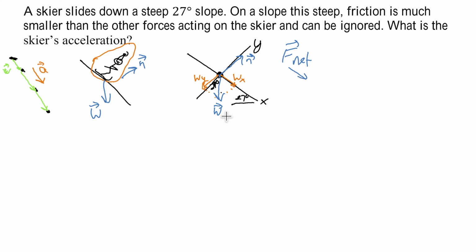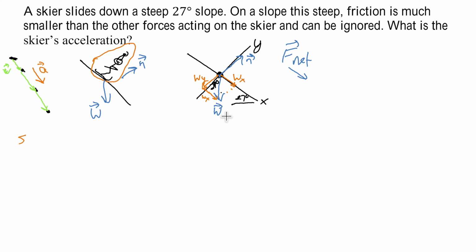Okay, and we're going to make that WX there. The reason I'm doing that is because now I can use this 27 degrees that's in that corner with my right triangle, and I can find W sub y and I can find W sub x. So if I want to find W sub x, then that will be the opposite side.